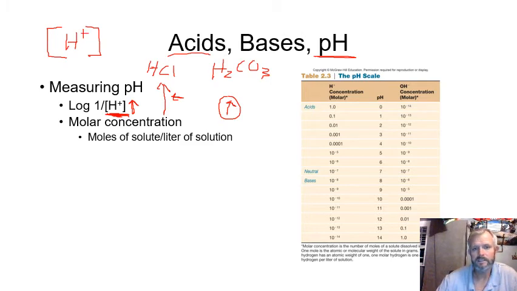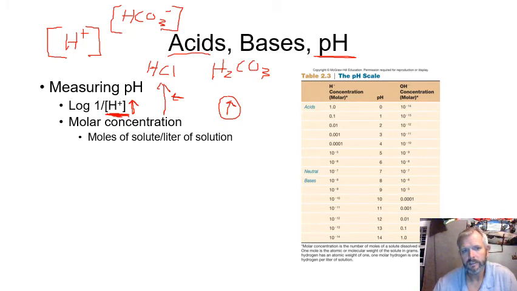I can have brackets with, let's say, bicarbonate. Bracket would be, what is the concentration of bicarbonate? That's what the brackets mean here. So what is the concentration of free protons? If I put in hydrochloric acid, this number is going to be much larger. If I put in carbonic acid, it's going to be larger, but not extremely larger.